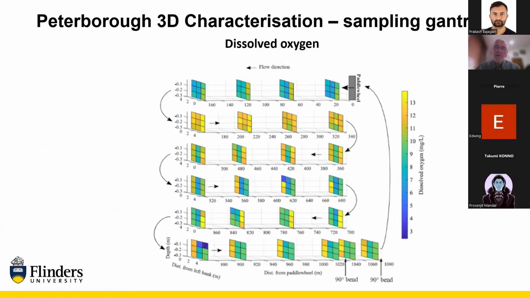Is the dissolved oxygen constant over the day, or how does it change over the day from say 6 o'clock in the morning to 10 o'clock at night? How does the dissolved oxygen change over the day?